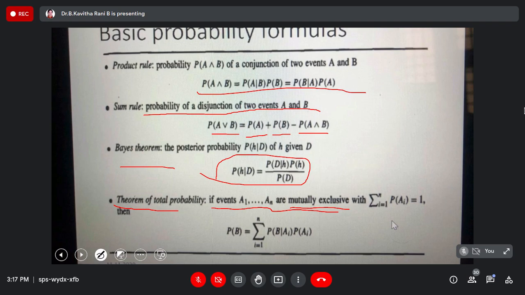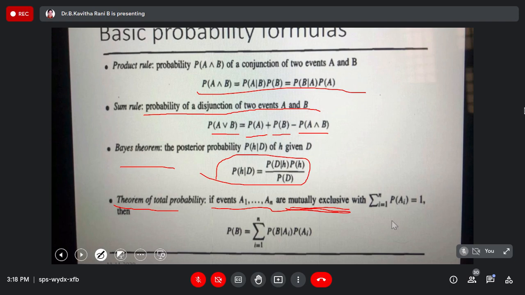When I toss the coin again, if I get tail on the top, then the event of tail on the top occurred and it is excluding the chance of head appearing on the top. That is nothing but mutually exclusive. If A1 occurs, then the others do not occur. So that is mutually exclusive.